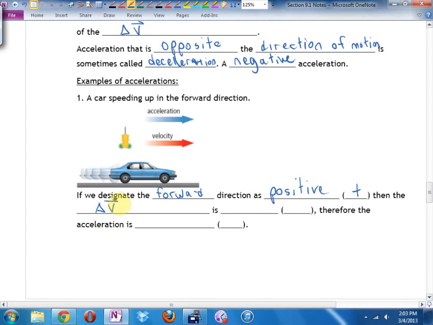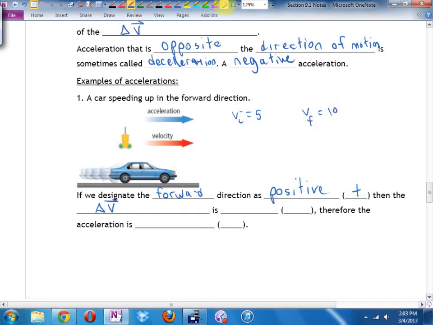The change in velocity, if you're speeding up, do you think your change in velocity is positive or negative? And if you're not sure, just make up some numbers. How about my initial is 5, my final is 10. What's change in anything? Final minus initial. What's 10 take away 5? 5.